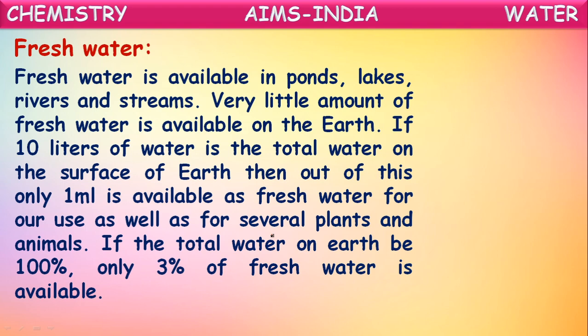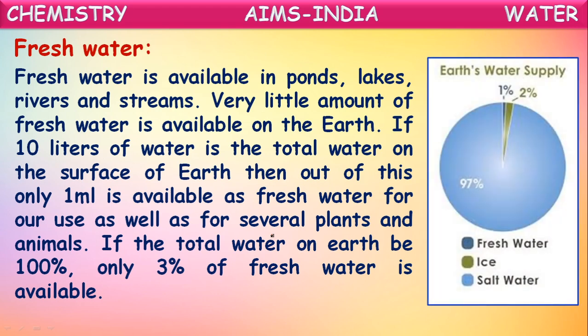If the total water on the earth is 100%, then only 3% is fresh water. See, a pie chart is given here showing the availability of fresh water.